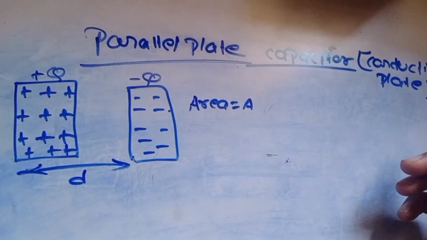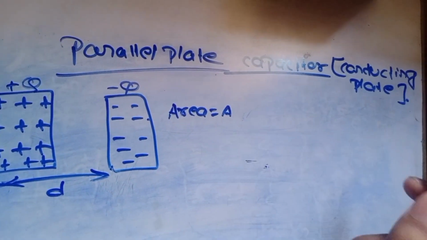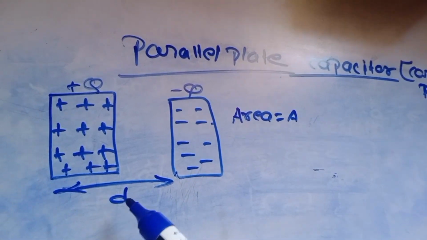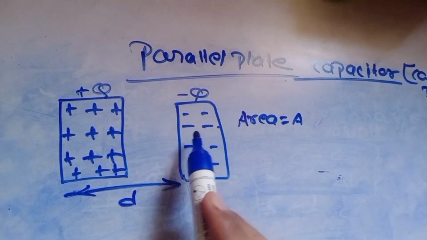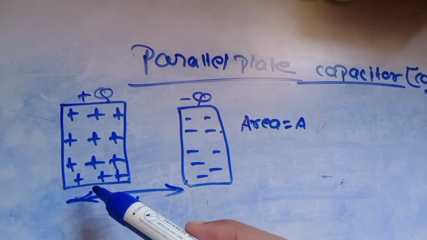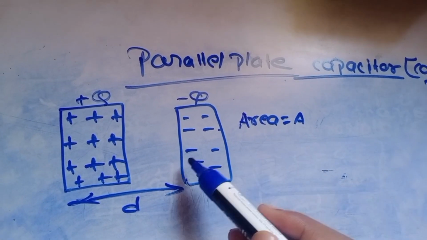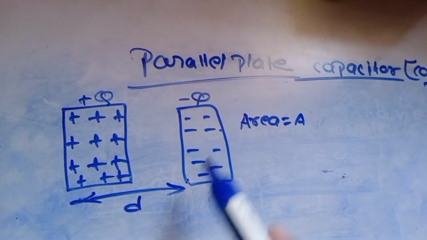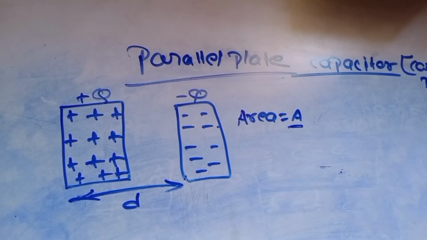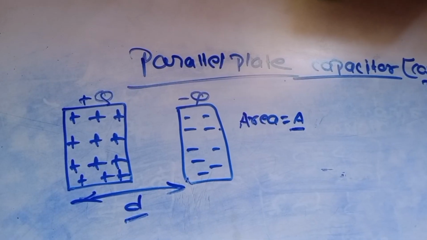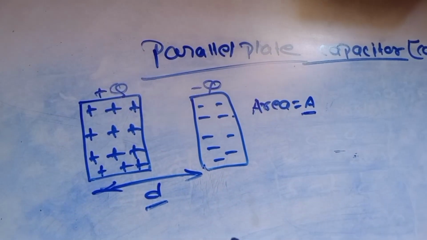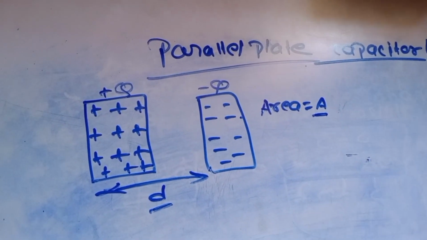Now we discuss the parallel plate capacitor, with conducting plates. This is the picture of the concept. This is the parallel plate capacitor. The first plate has charge plus Q and the second plate has charge minus Q. The area of both plates is A and the distance between the plates is D. So we have to find the capacitance of the parallel plate capacitor.